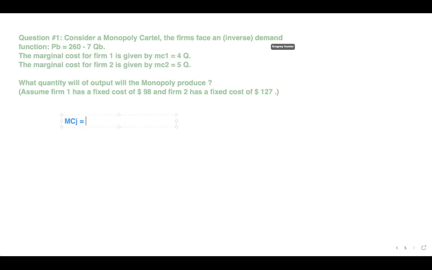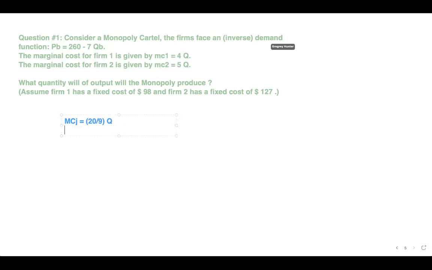So you're saying MCJ is equal to 20 over 9 Q, right? And is that what you got, Michael left and Ruben? Is everybody okay?